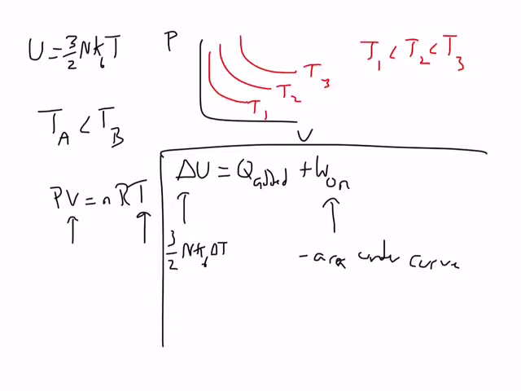That's something we can calculate from the graph, and it's actually very easy. It's just a rectangle, right? So this is negative P delta V. And so if we can figure out those things, this is TC minus TA, right? Final minus initial. This is VB minus VA.